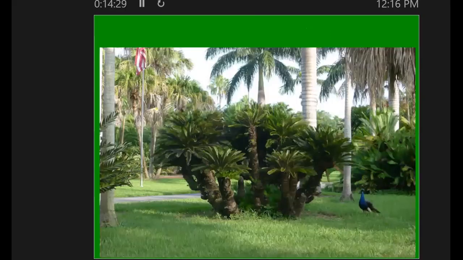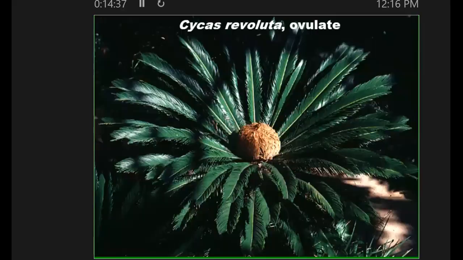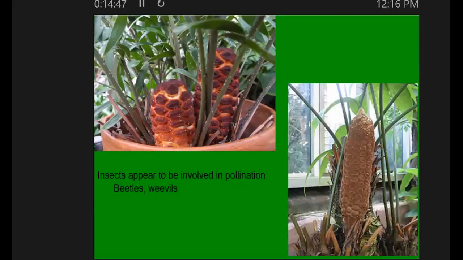Here they even have a peacock roaming the grounds, but a nice cluster of cycads there. Very, very pretty. Here you're looking at the female cone, kind of looking down on it.